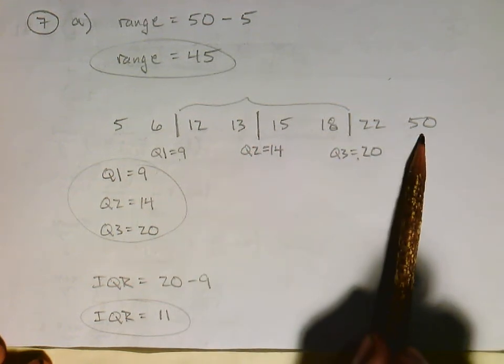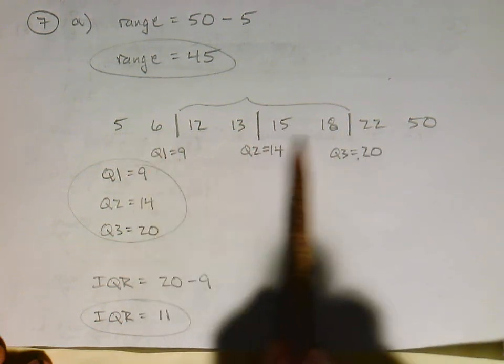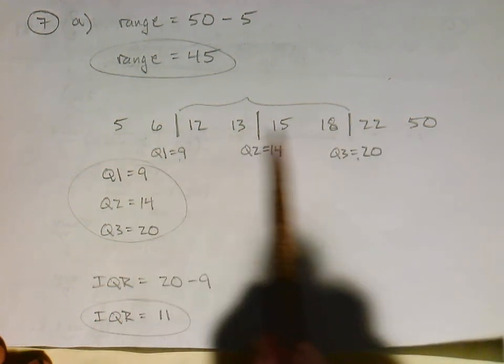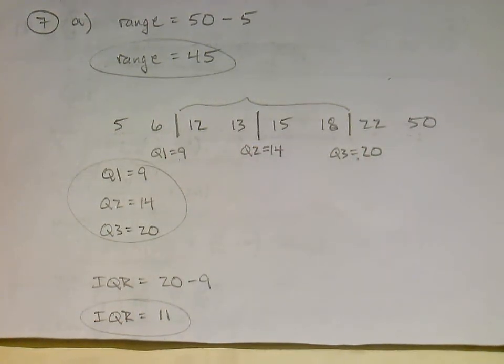And really the reason behind that, of course, is the 50. The 50 is so much bigger than anything else in this data set that it makes a big range compared to the IQR. And we're getting some insight into how spread out these numbers are. Okay, let's stop this video here, and we will do another one coming up.